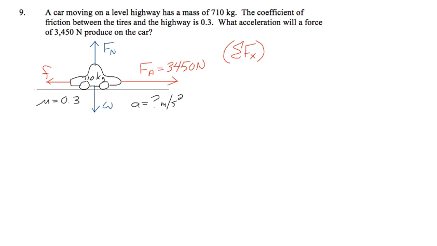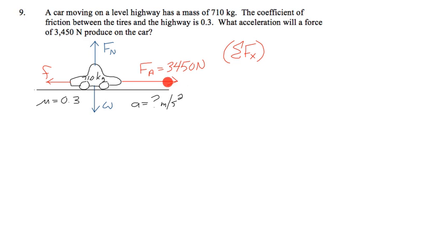So if I look at my forces in the x direction, I have two of them. One of them is to the right, and one of them is to the left. The one to the left is negative. Think of this as the origin of a graph: that's my positive x direction, that's my positive y, that's my negative x, and that's my negative y. So we use those as far as directions.